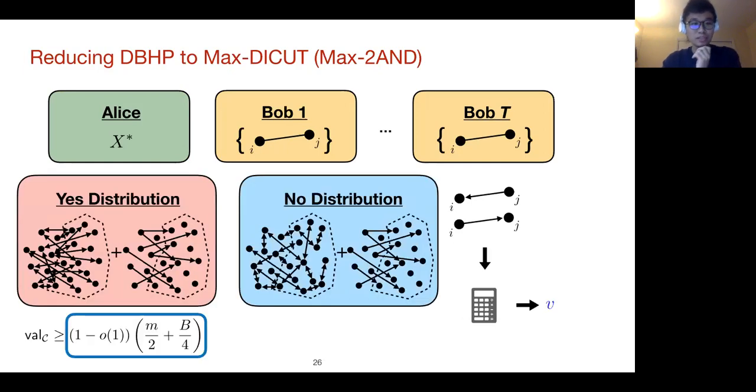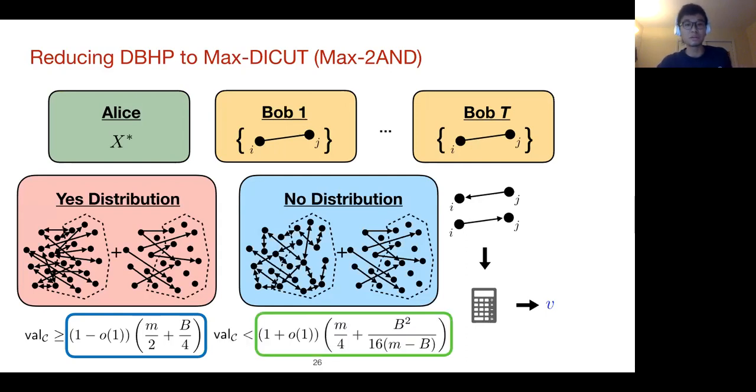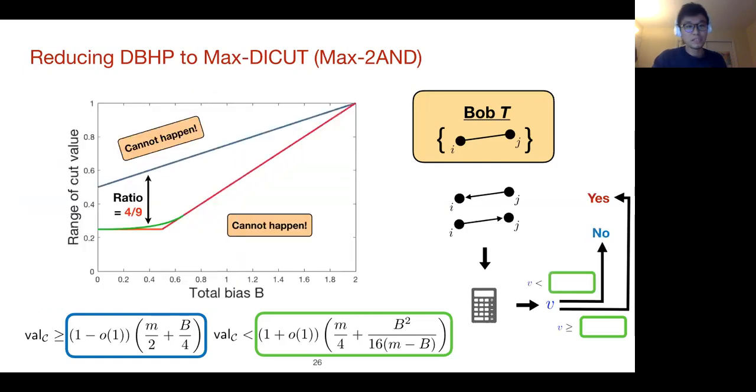And we can show that the yes distribution corresponds to some digraph with large cut value, and the no instance corresponds to a digraph with small cut value. And it turns out that we can design this bias setting properly so that the ratio of these two values will exactly match the value we can achieve on the algorithmic side.